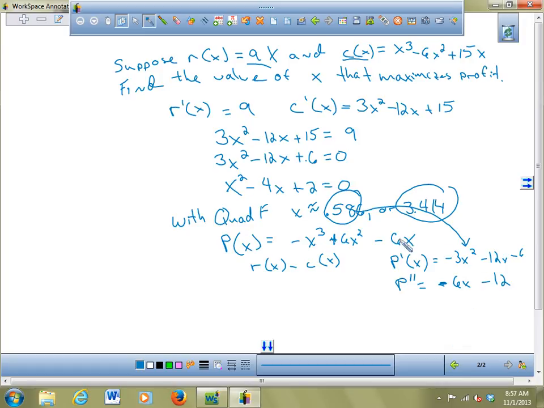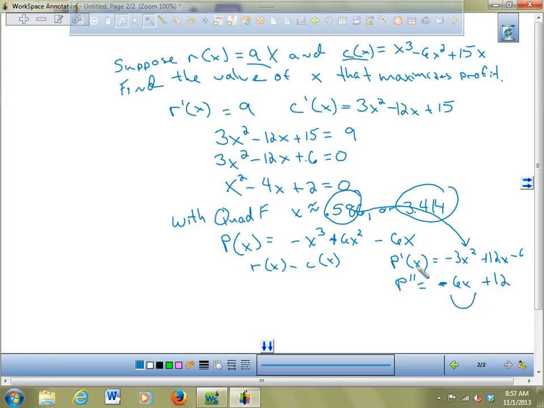That becomes negative, okay? So then when I take the derivative, that becomes plus 12, and that becomes plus 12x, right? And then if I plug in, that makes sense. If I plug in 0.586 in here, I get out a positive number, which means my graph is concave up, which means I'm at a minimum, right?